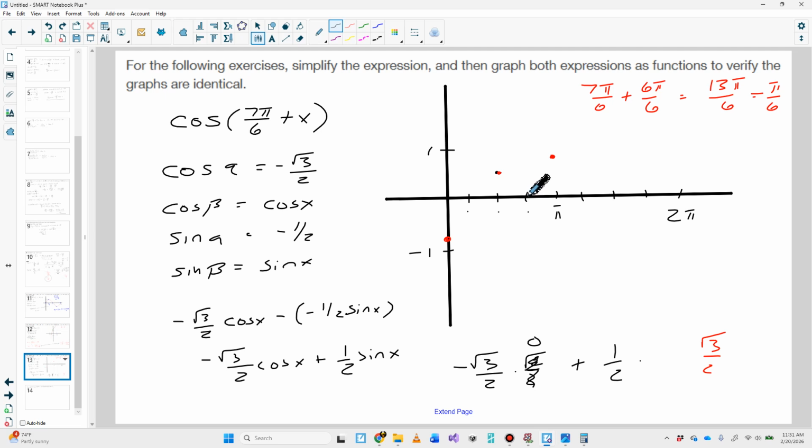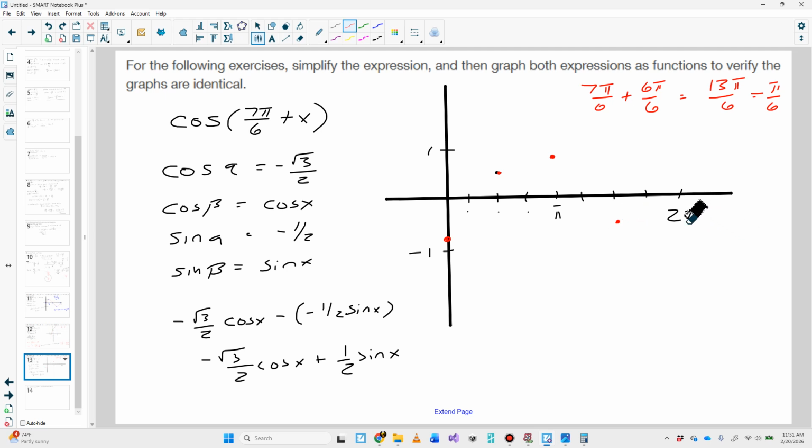Let's finish this off, except this time I'm just going to use this part down here because I find it easier. The cosine of 3 pi over 2 is 0, and the sine of 3 pi over 2 is -1, so that's -1/2. So we are now down to here.